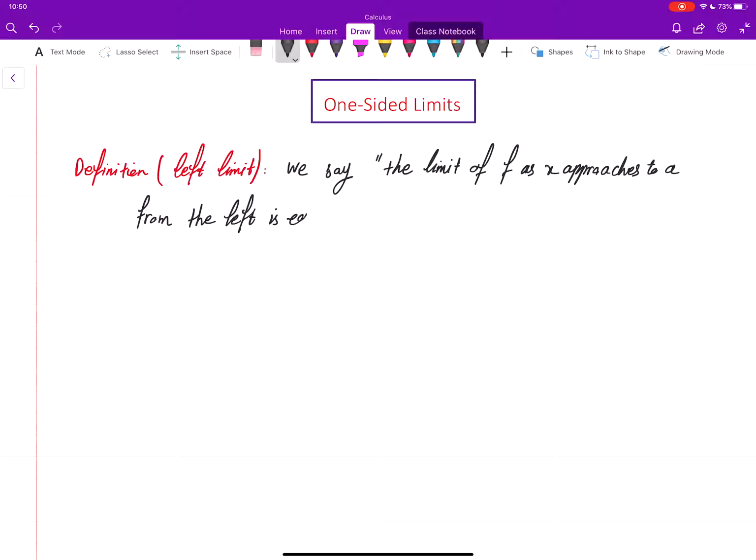is equal to L. This whole wording is denoted by this piece: limit of f of x as x approaches A, and that negative sign there means from the left.